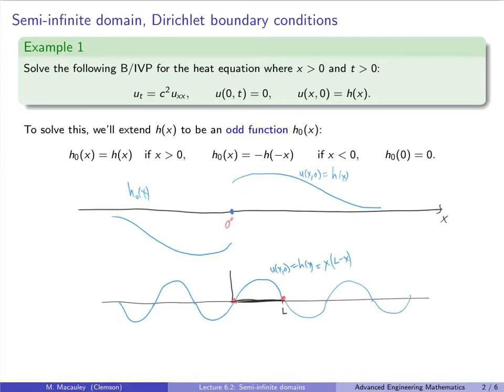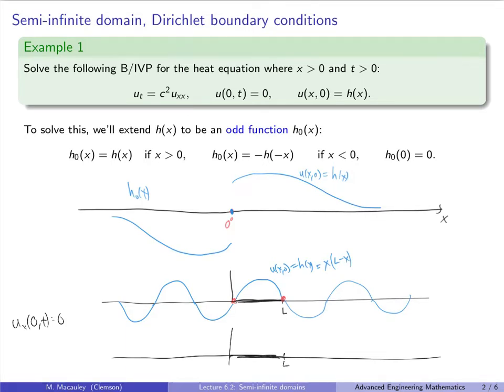One quick comment. This is example 1. We'll do example 2 where we have the other kind of boundary conditions. So later we will do the type 2, u_x(0,t) equals 0. Here's a picture of what that looks like for the bounded case.